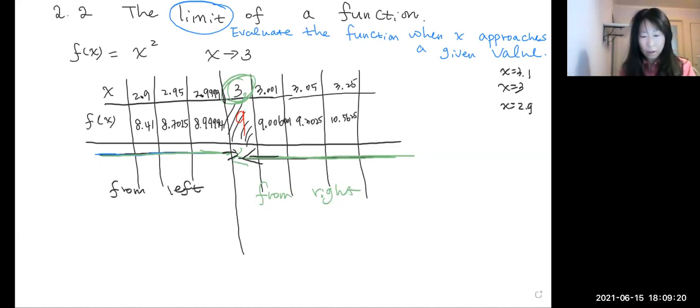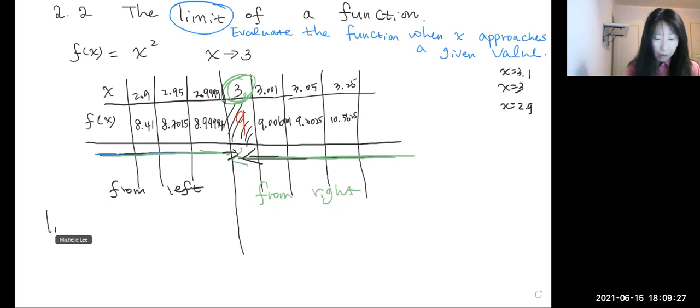So there is a limit. Look, I'm going to write it this way. Limit, so LIM, x approaches 3.